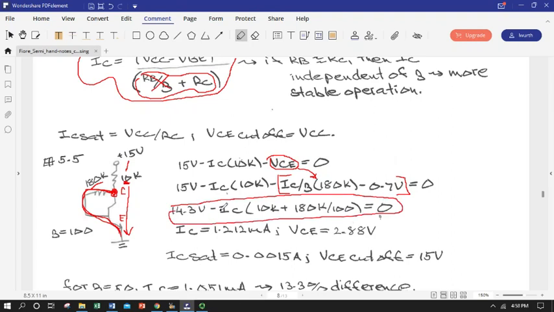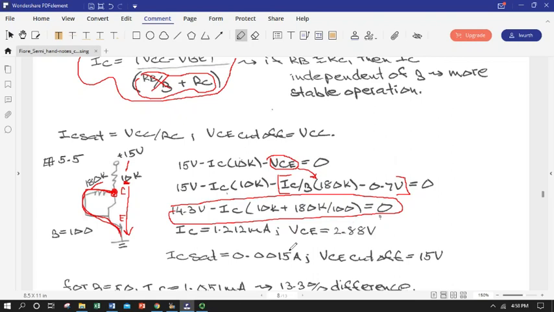So we can isolate I sub C, and so we're going to end up with 10K compared to 180K divided by 100. So that's going to be more comparable. End up with a collector current of 1.2 milliamps and a collector emitter voltage drop of 2.88 volts.